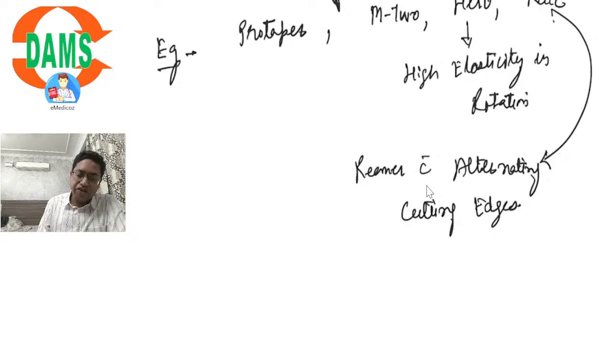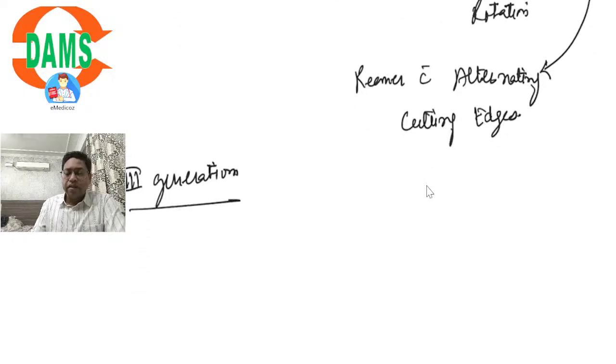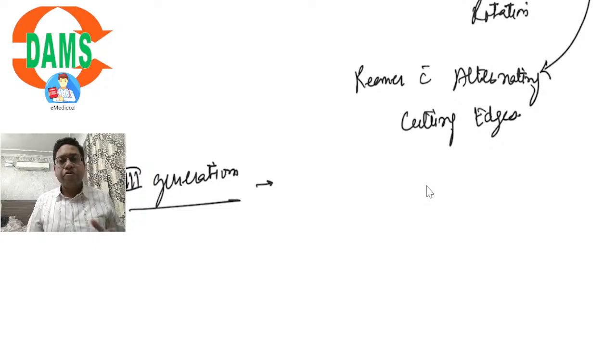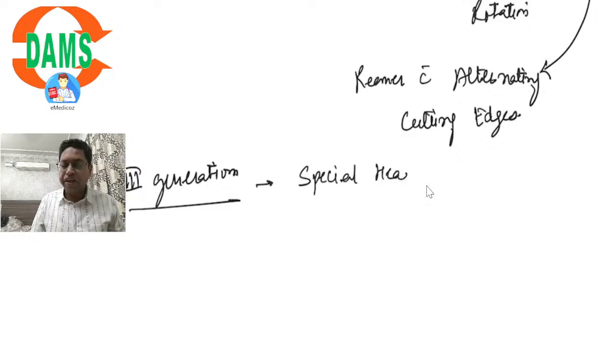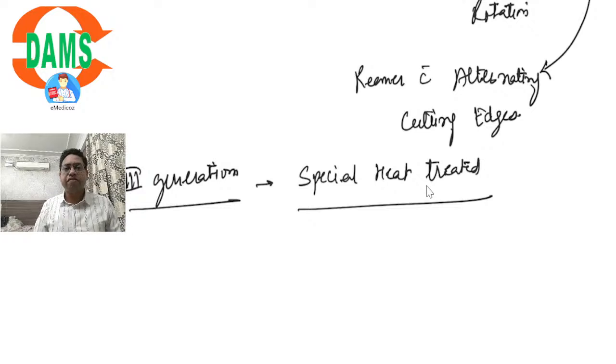Then comes the third generation. Now, third generation instruments do not come into traditional martensite and austenite phases, but are the instruments that have special heat treatment.